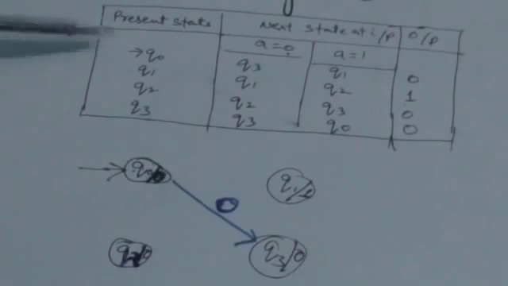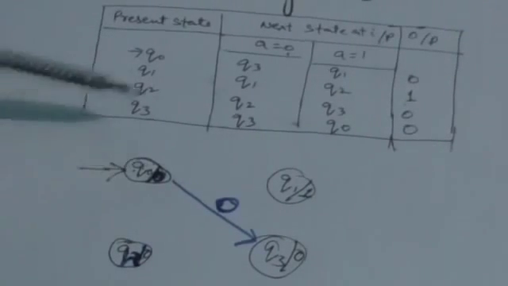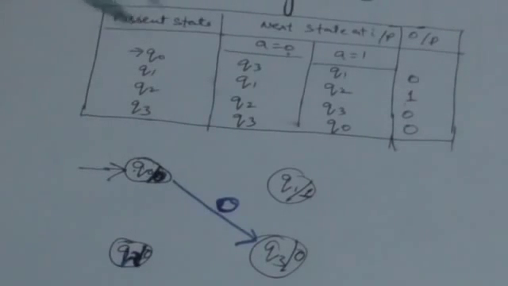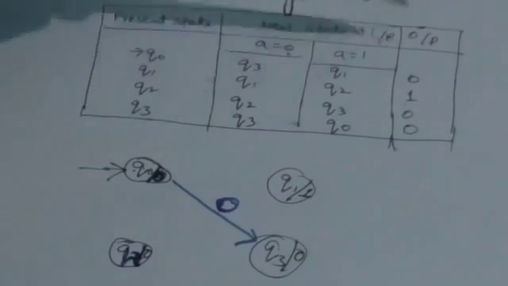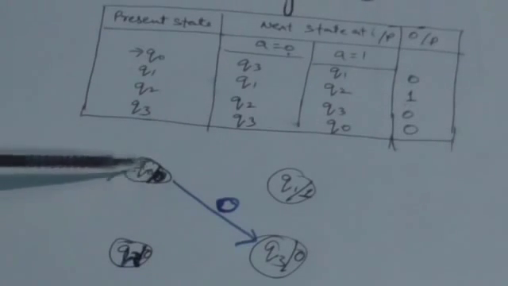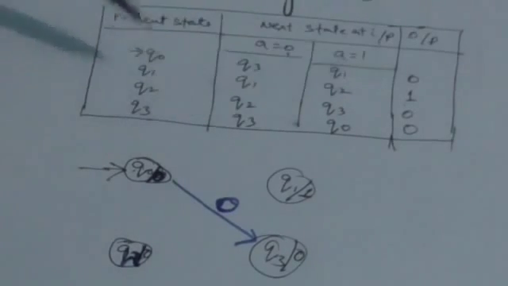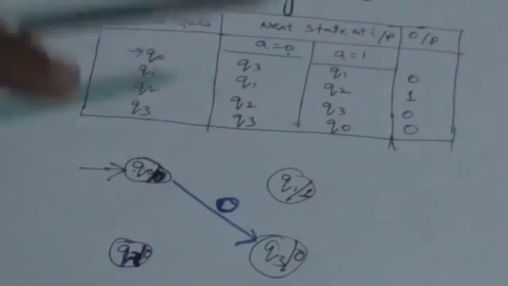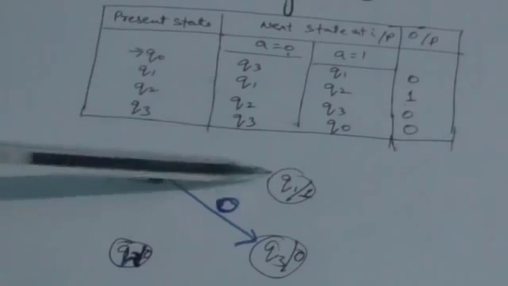So when we represent it graphically, that graph must have 4 nodes, and the output associated with the states must also be mentioned in these nodes. Here 0 is associated with the Q0 state, so I have written 0 in the node along with Q0. Similarly, 1 is associated with the state Q1, so 1 should also be written in the node which represents the state Q1.